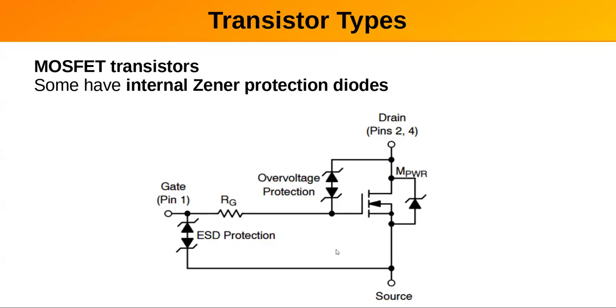Here's one that's got a lot of it built in. You see there are back-to-back Zeners, so it can protect the voltage in either polarity, and one across the source and drain. In this case, you wouldn't be able to switch it around between source and drain. If that Zener wasn't there, you could.